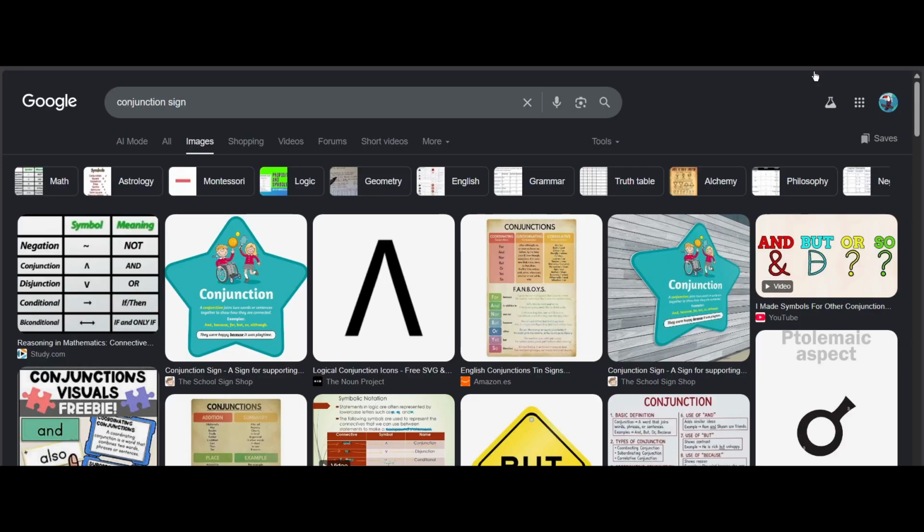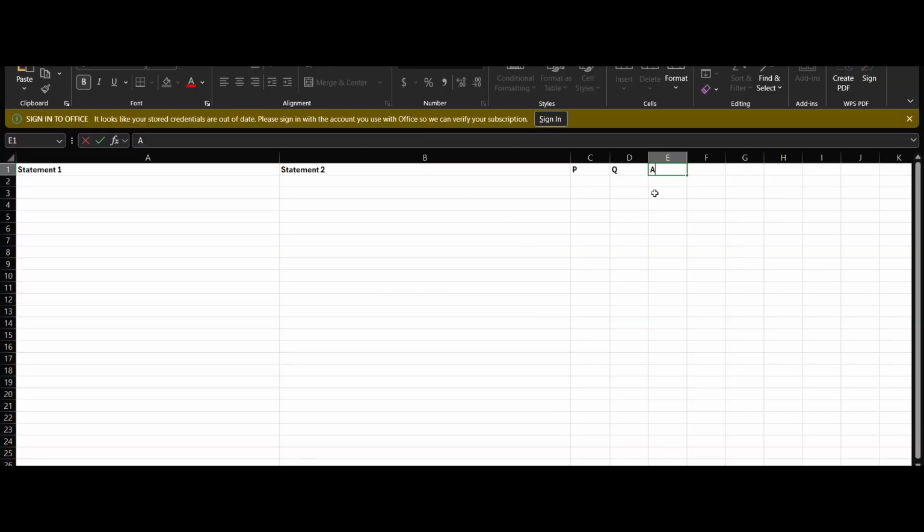So let's go back. This will be the symbol for the conjunction. The conjunction is basically just you saying the word "and," A-N-D.